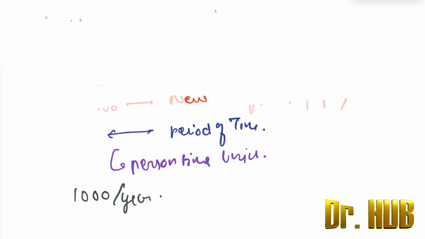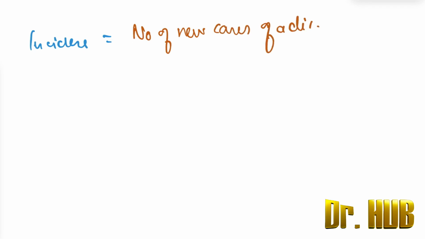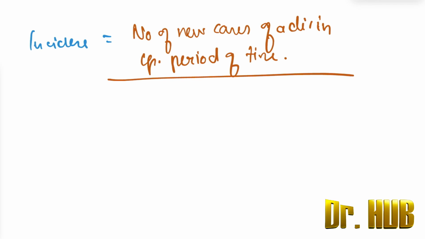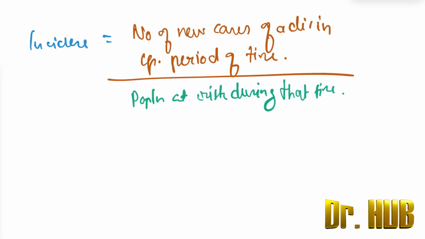So there is a formula to understand that. The incidence is equal to the number of new cases of a disease in a specific period of time, divided by the population at risk during that time, multiplied by 1,000.